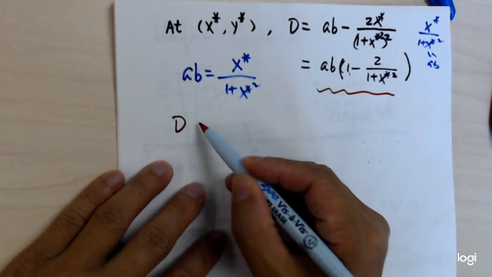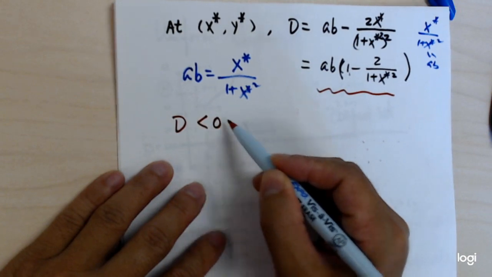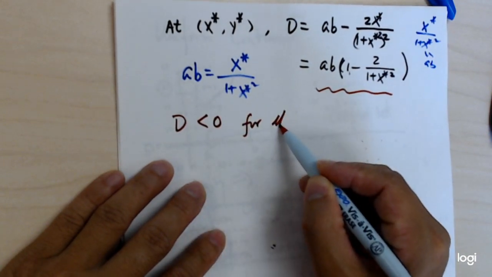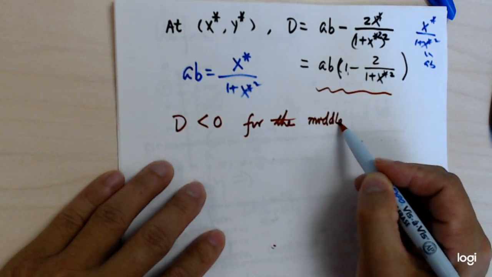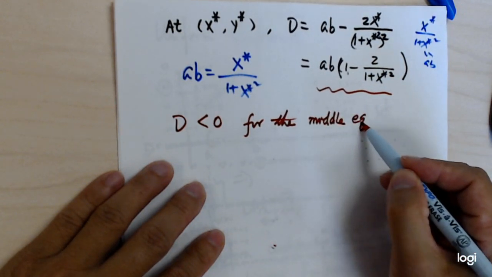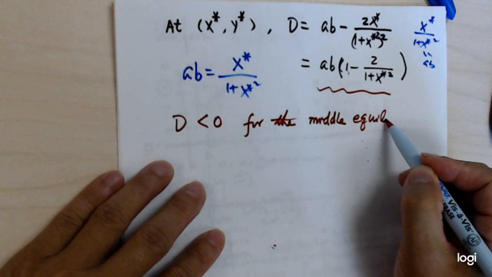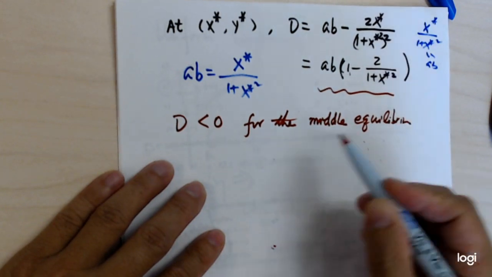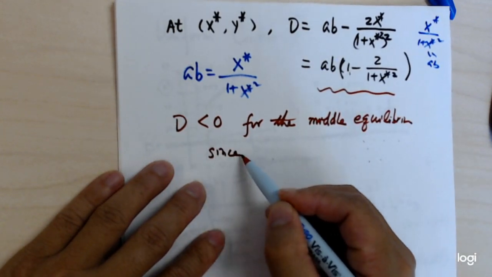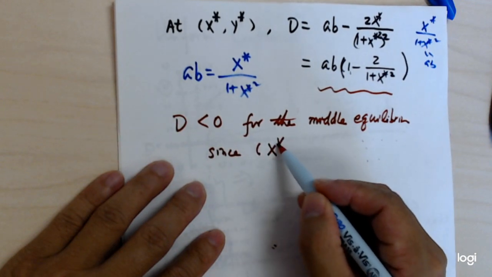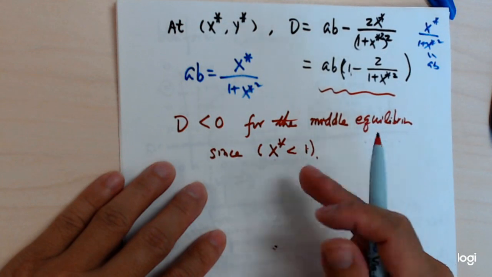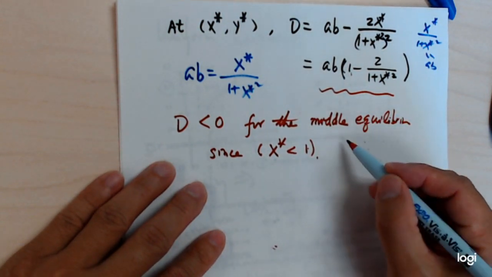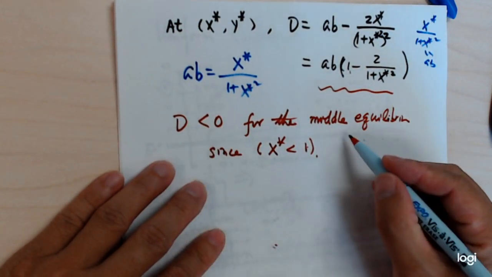So it turns out D is negative for the equilibrium in the middle, because you can verify that at that point x star is less than 1. D is negative there, so it's a saddle.